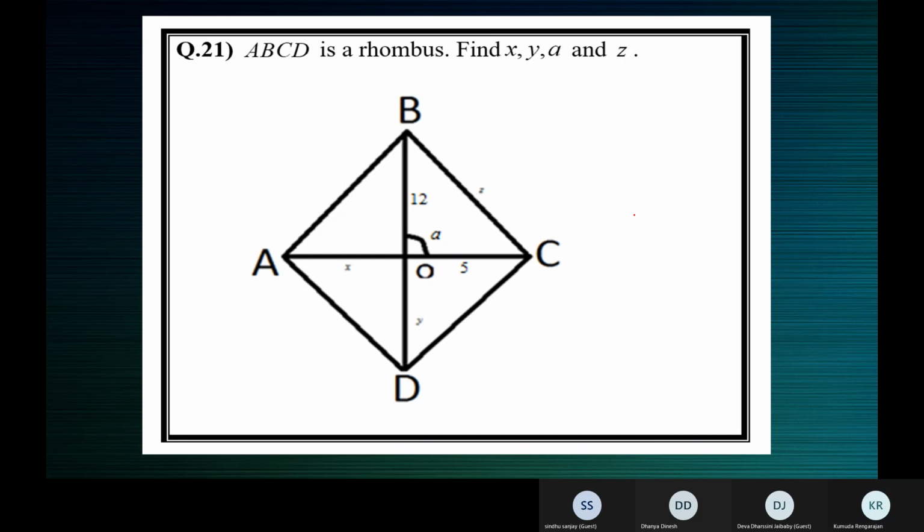Devadarshini. Devadarshini, what is the value of A? Ma'am. Yeah, Devadarshini, what's the value of A? Ma'am, can you hear me? Yes, I can.